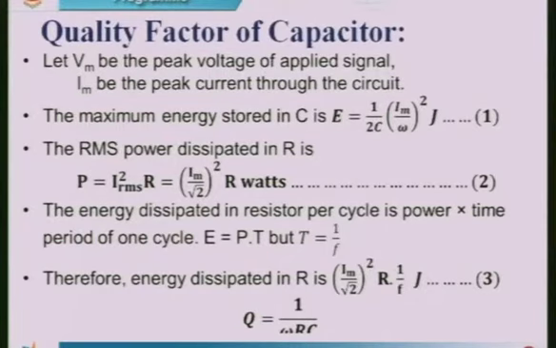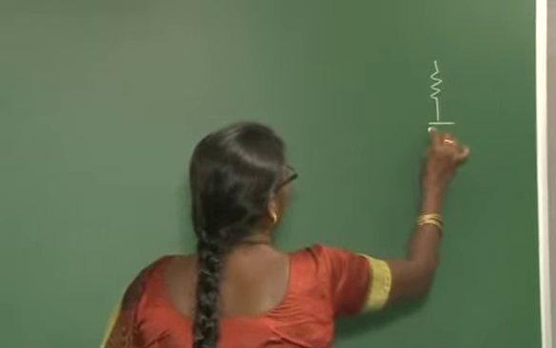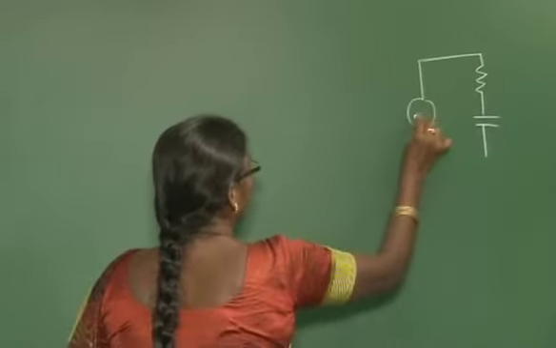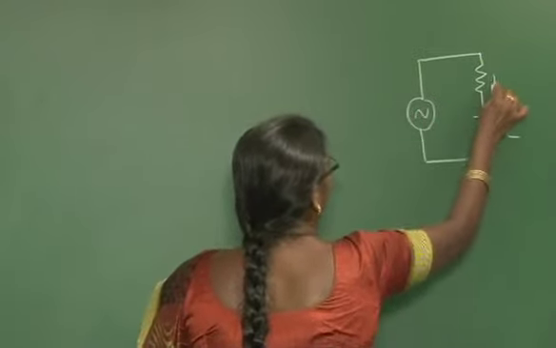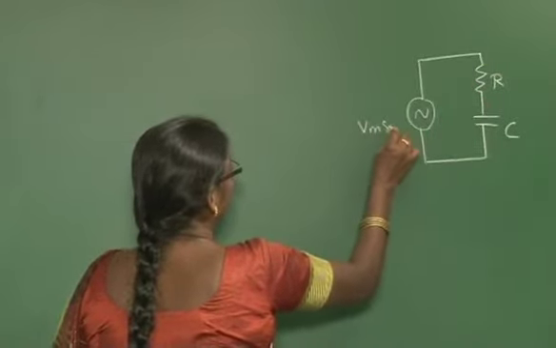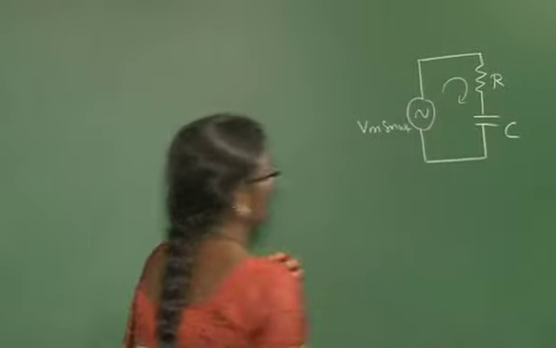We can redraw the circuit, where R indicates a loss which gives the dissipation. Again consider a network with the capacitance C and R, which indicates the dissipation, sin omega t, and the current flowing through the circuit.